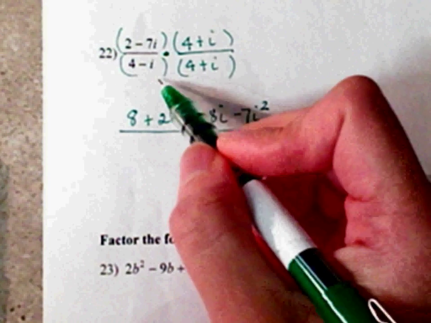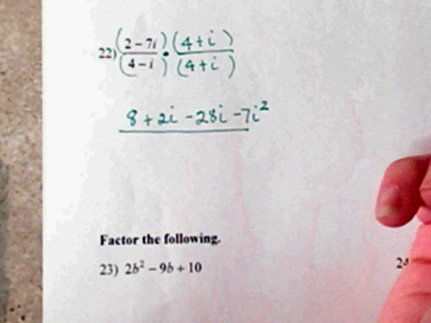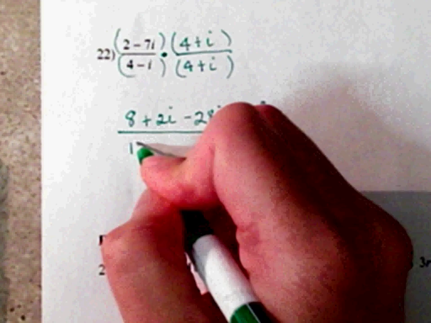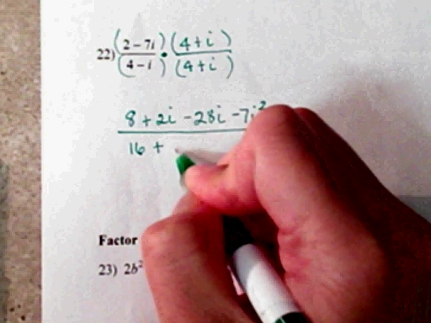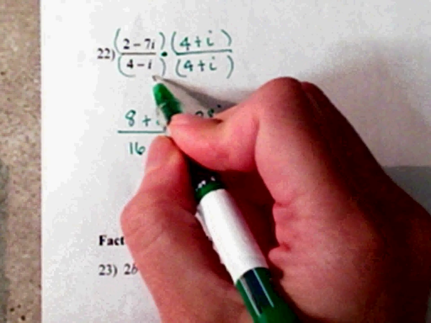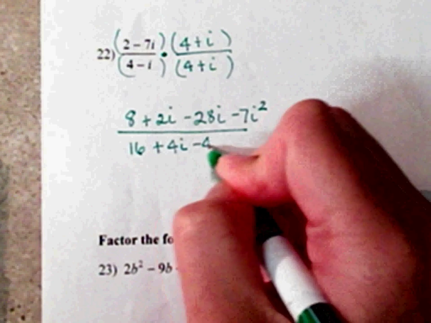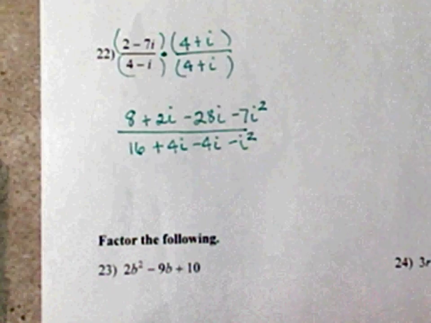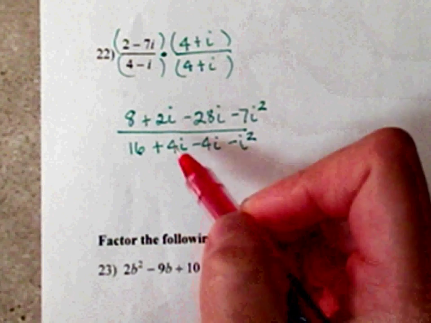Now, according to number 21, you know the middle term is going to cancel, but I'll show you anyway. 4 times 4 is 16. 4 times i is positive 4i. Negative i times 4, negative 4i. Negative i times i is minus i squared. These cancel.